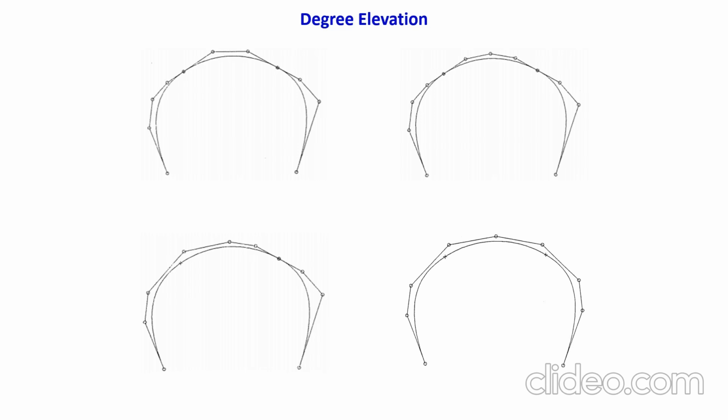At this point, we can remove the two unnecessary knots between the first two Bezier curves, so these two knots would be removed. We finally degree elevate this last Bezier segment and remove the unnecessary knots between the last two curves to yield a fourth degree continuous curve.